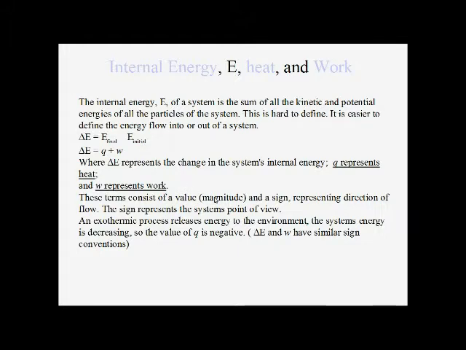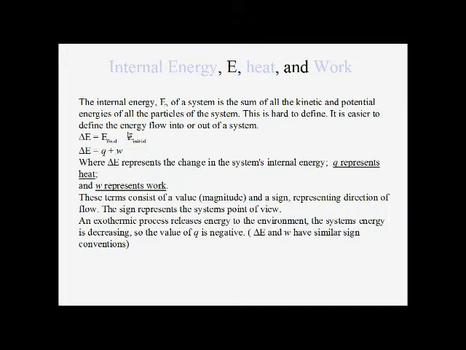Both will contain a value, a magnitude in joules, and a sign that represents the direction of flow. If the flow is out, then we're going to have a negative value. If we lose energy, we're going to have a negative value.